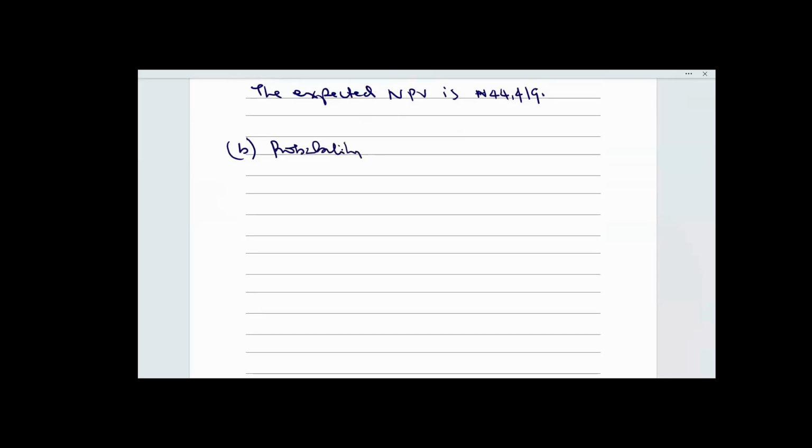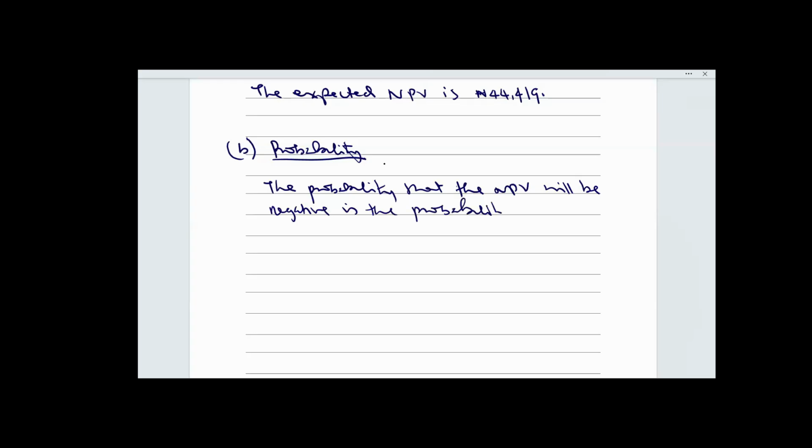So the probability that the NPV will be negative is the probability of the nodes with a negative NPV.